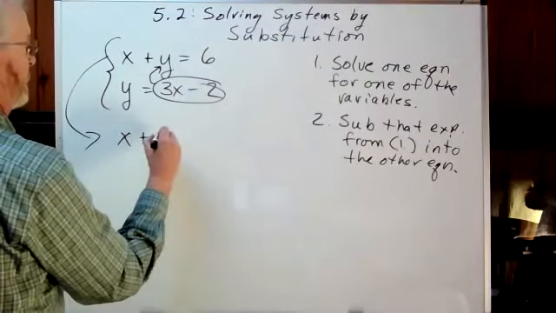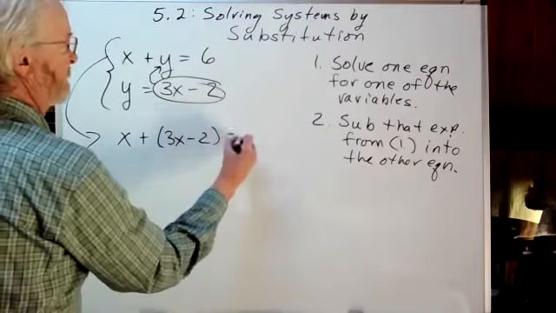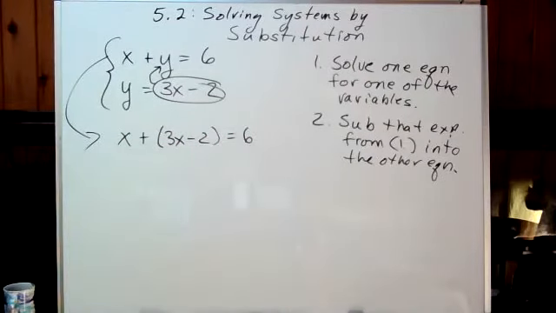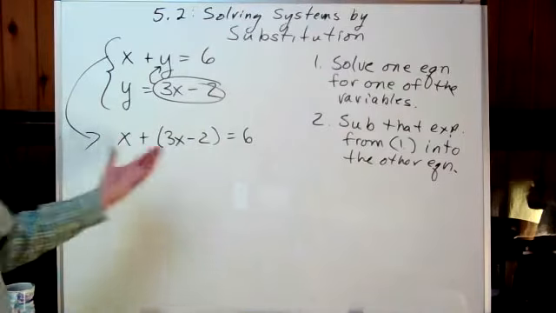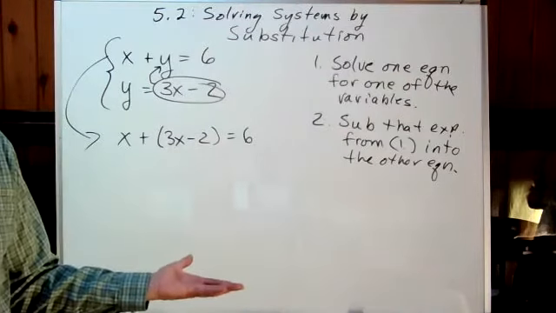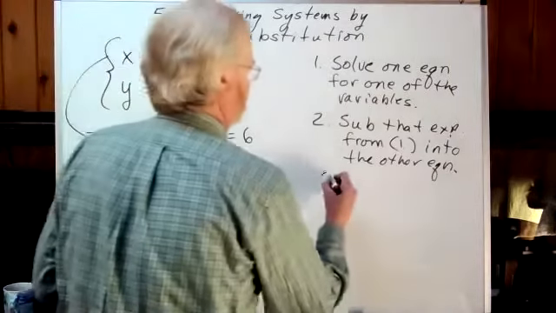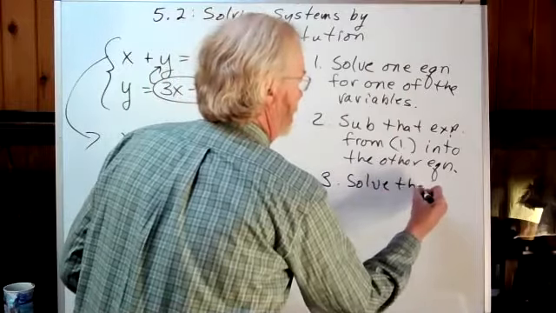X plus, I'll put parentheses in it for now because in situations where you might have to distribute, you're going to want those parentheses. I don't really need them right now, but it helps to show what I did. So now I only have an equation that just has X's. Back to chapter 2, I can solve that. That's the third step. Solve that equation.